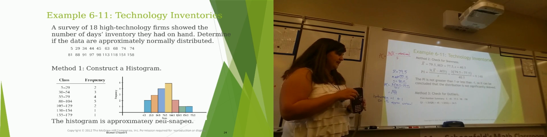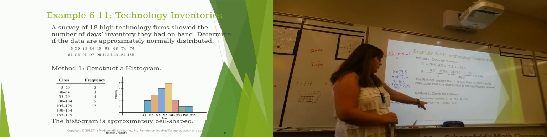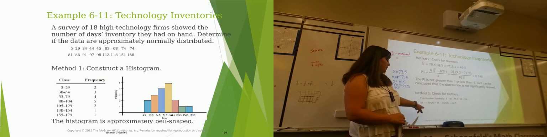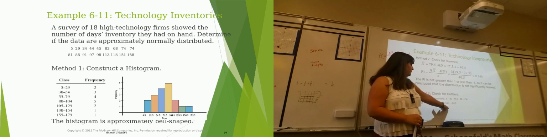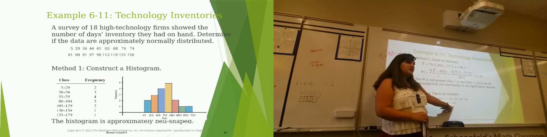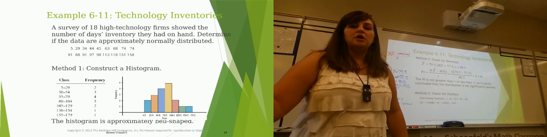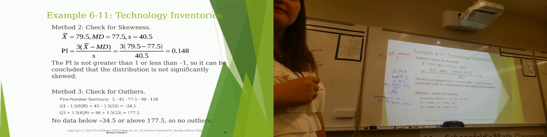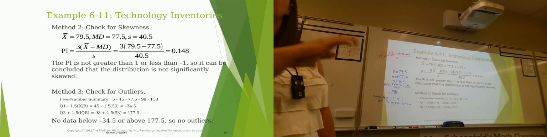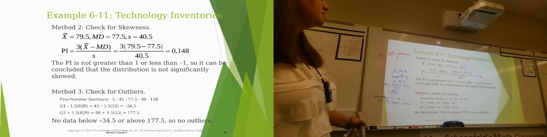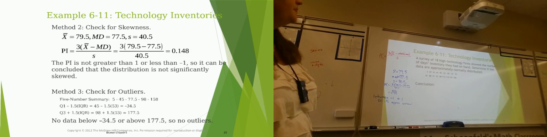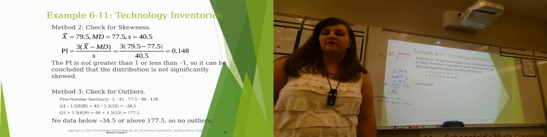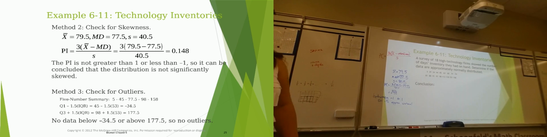Our 1-variable stats already did that for us. Then we do our IQR calculation for the fences. Did I have anything less than -35.1? No. Anything greater than 177? No, so I didn't have any outliers. Yay, it's approximately normal.